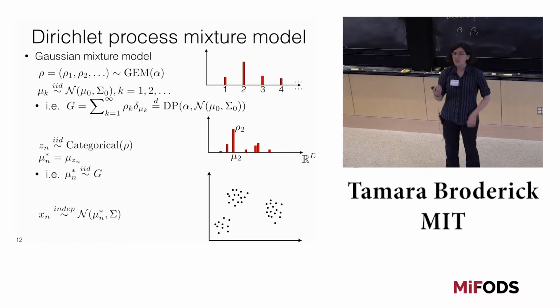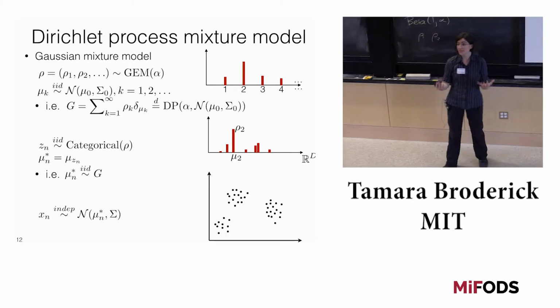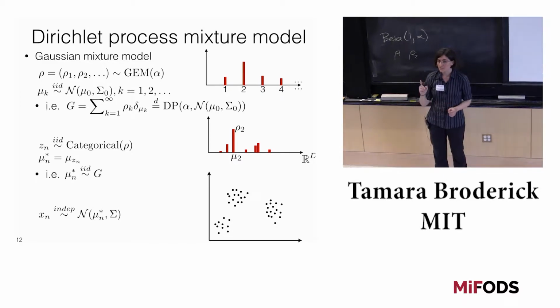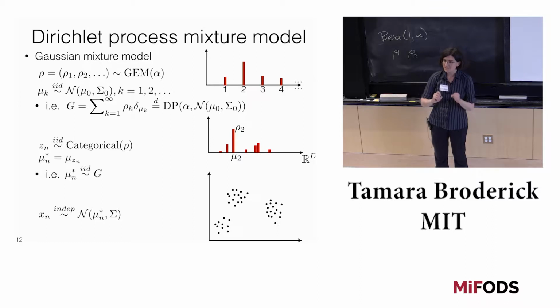You might want to do it if you're interested in learning the number of components, although there are still trickinesses with that in practice, basically due to misspecification. But that's certainly a somewhat appropriate way to do that. And it would have very different properties than using the GEM, which again will be unbounded. Whereas if you drew from that, you would eventually hit some total number of clusters. You just wouldn't know what it was in advance because it would be random. Cool.